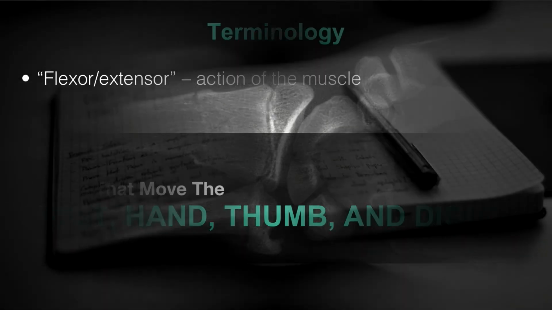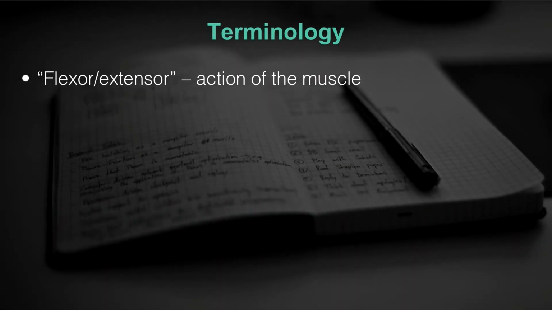And I want to take a brief minute to outline some of the terminology that we're going to see. It's a mishmash of these terms. So you'll see flexor and extensor, and that's a no-brainer, the action of the muscle.